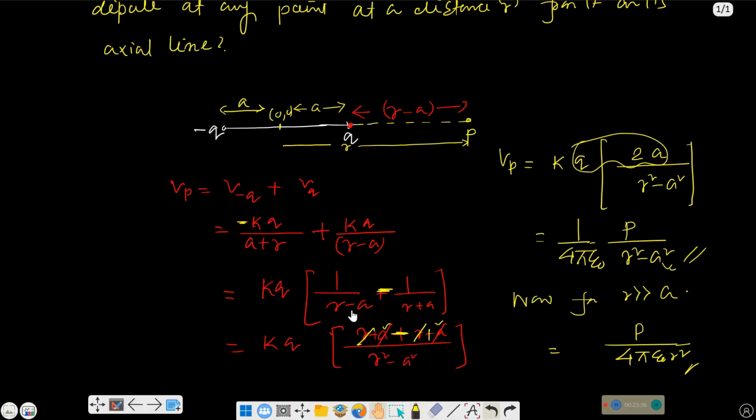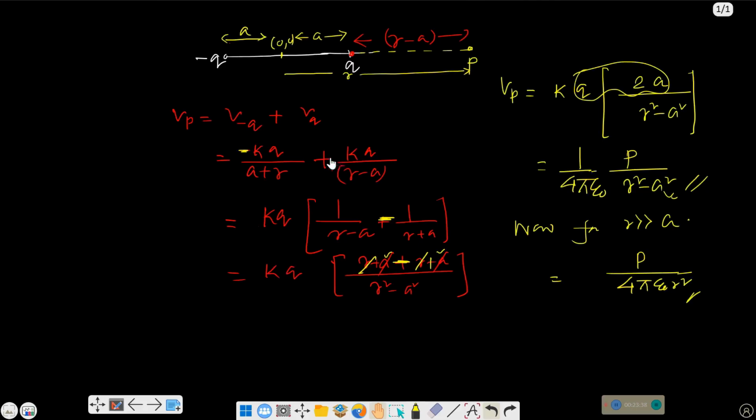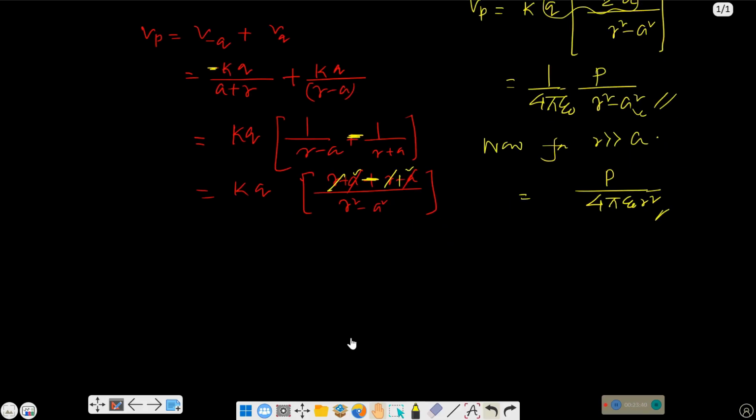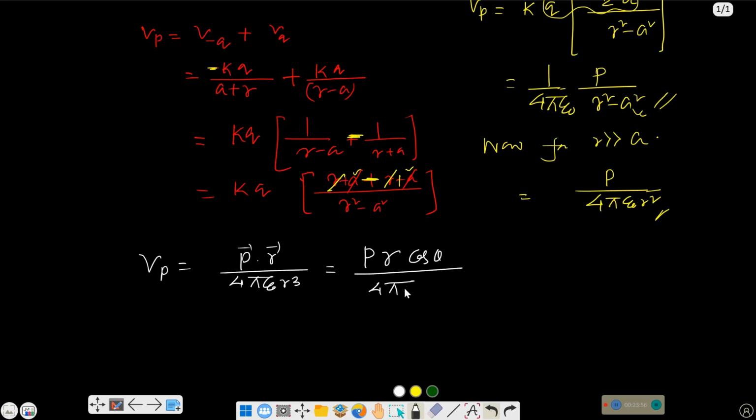Okay, the same expression you will get from the formula for the general point. The formula for the general point, which we had, is V at any point P equals p dot r vector divided by 4 pi epsilon naught r cube. From this, if we write p r cos theta divided by 4 pi epsilon naught r cube, this will give you p cos theta by 4 pi epsilon naught r square.